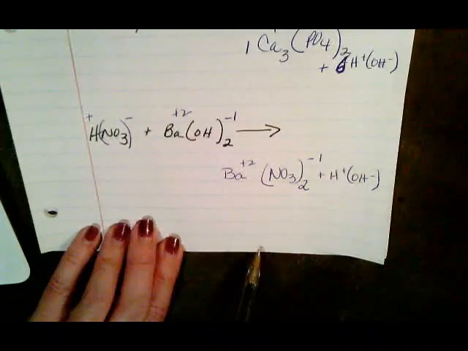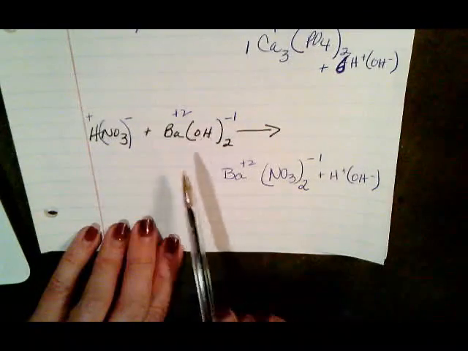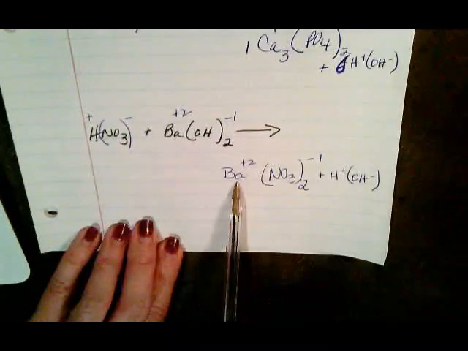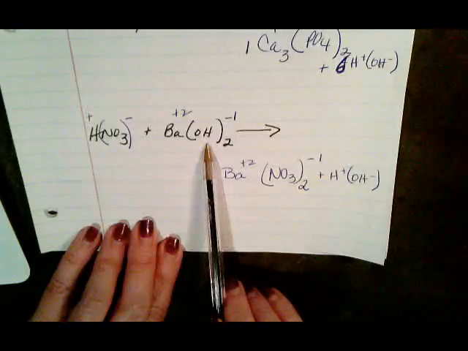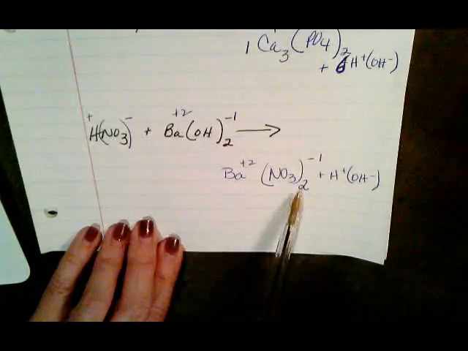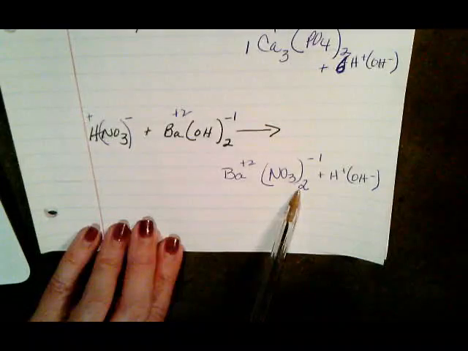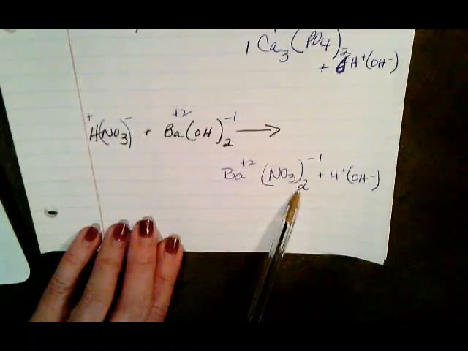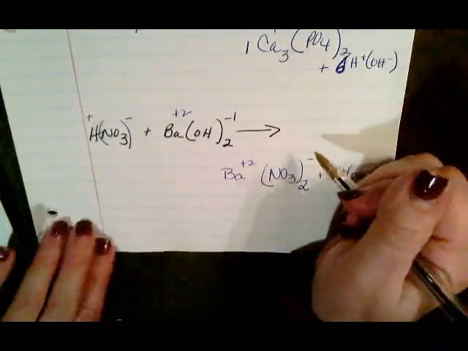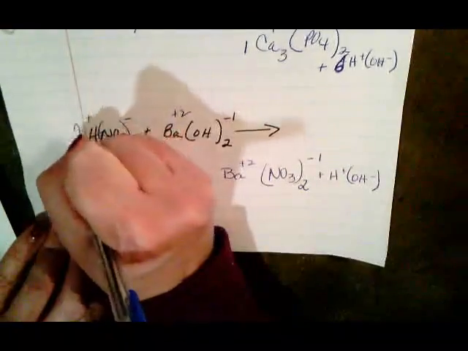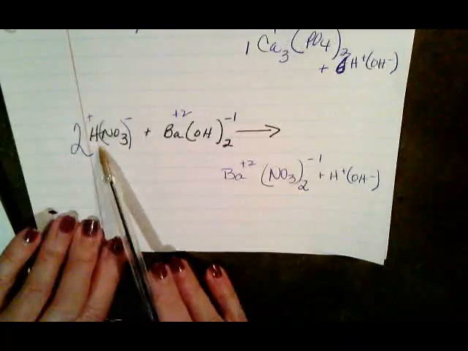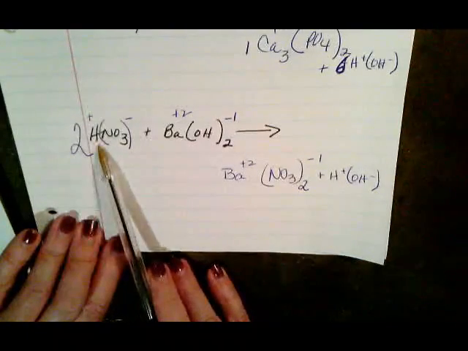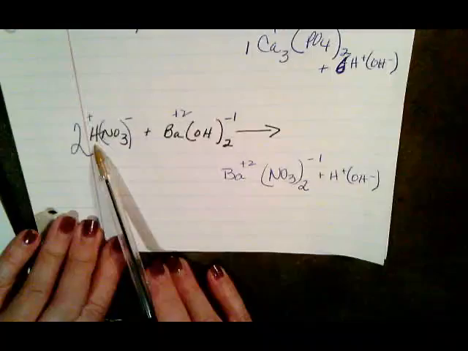So here we go. Let's see, do we have to balance? Barium, barium. Oh, 2 OHs over here. And then 2 NO3s over here. All right, I see it. So if I put a coefficient of 2 here, remember what we always say. What's the consequence of that? So now there's two H pluses.